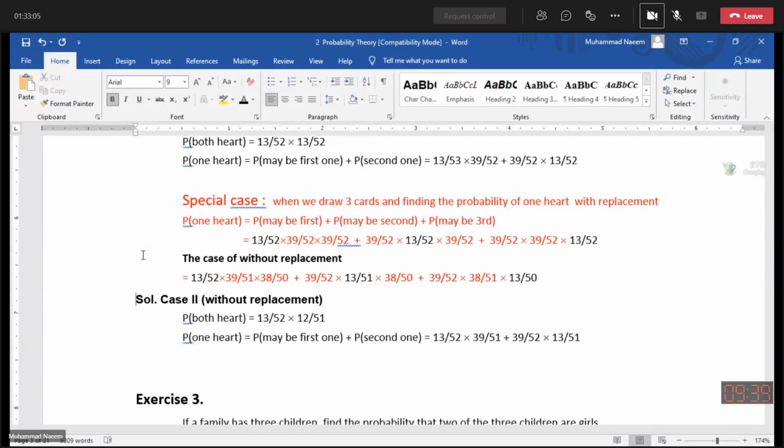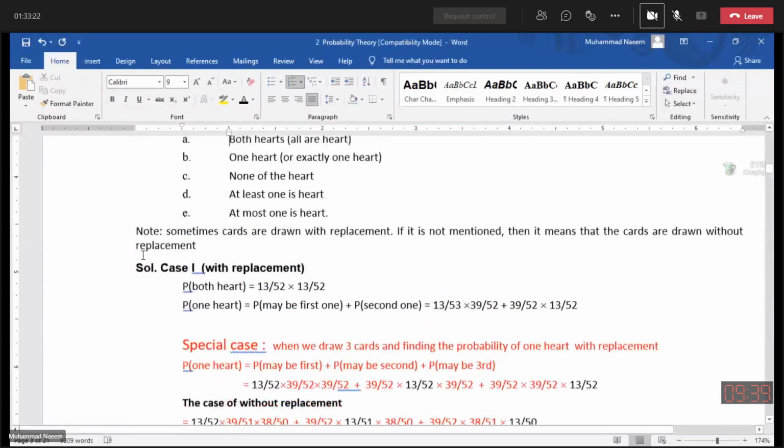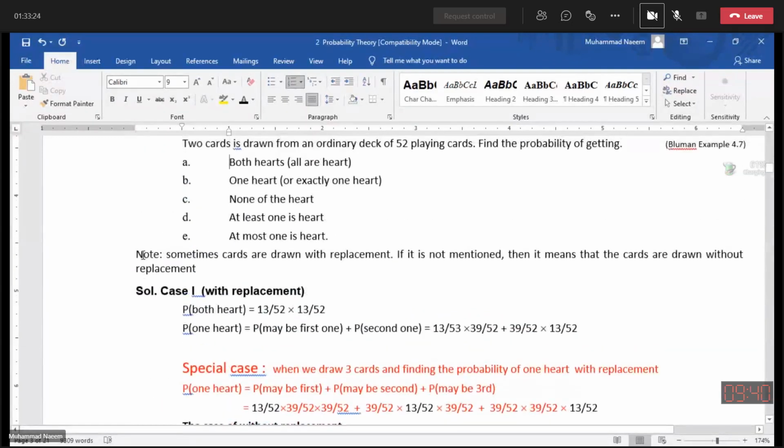Try to understand this. If you understand, no problem throughout this chapter. Throughout this chapter, we will face such problems. Either we find the probability that all are hearts, sometimes exactly one is a heart, exactly two are hearts, none is a heart, at least one is a heart, at most one is a heart.